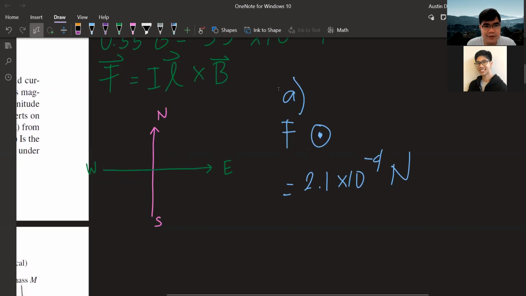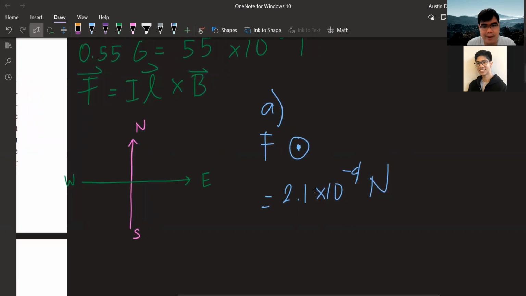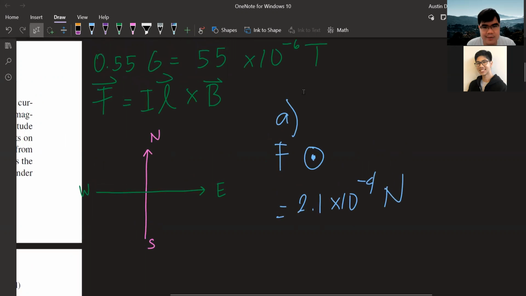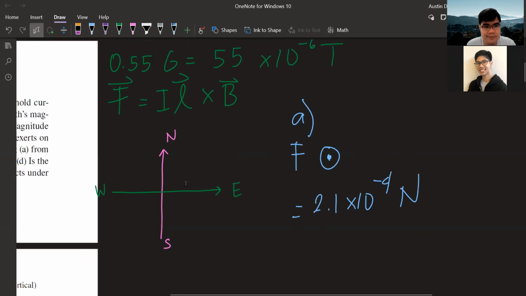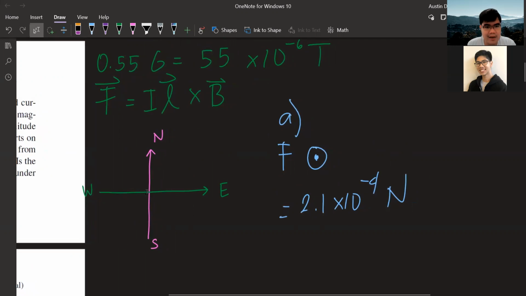Okay, so it's wise if pag nagsosolve kayo ng mga forces, ganyan, yung mga direction, pwede nyo gawin is i-positive nyo lang muna yung mga bagay-bagay. Okay. So, kunin nyo muna yung positive values ng mga things, tapos by your analysis na lang yung direction. Okay? So again, dahil to the right, to the east yung current, so curl mo towards papunta kay B. Therefore, yung thumb mo naka-point outwards the page.